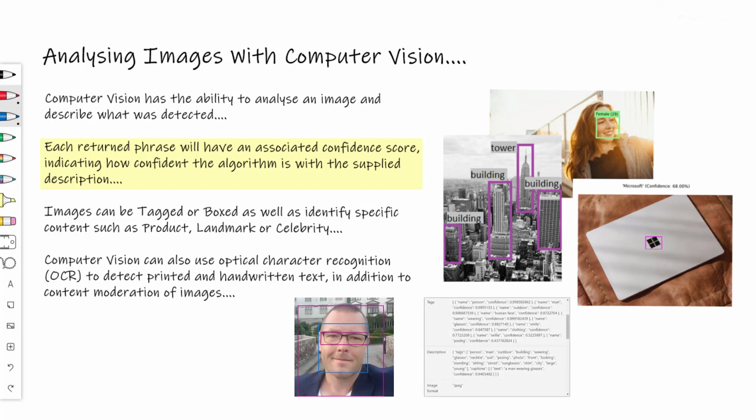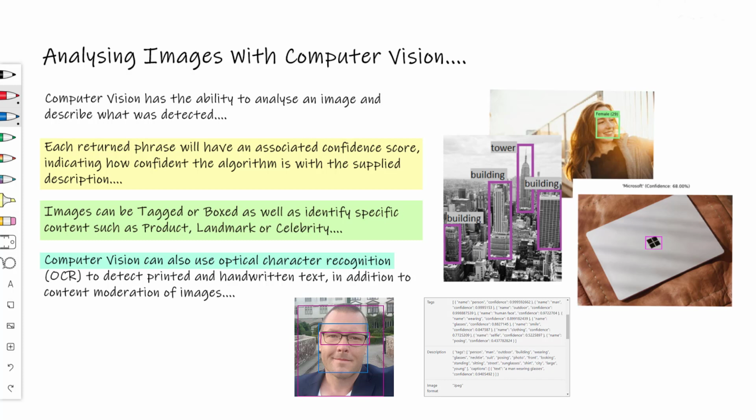Computer vision can also return bounding box coordinates, in addition to detecting brands, landmarks and celebrities. Again, this is determined by comparing the image against a database of popular brands, people and locations. If a known entity is detected, the service returns a response that contains the name, a confidence score and a bounding box for where in the image the detected entity was found.